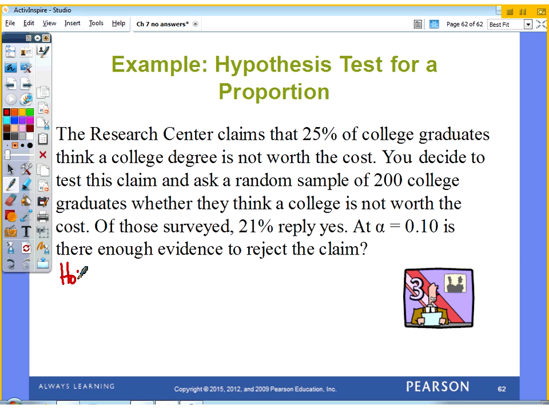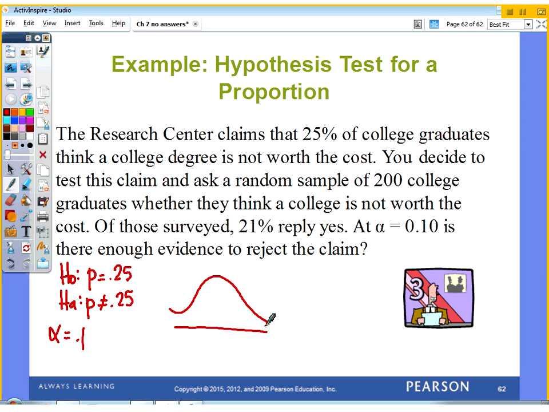So, writing our hypothesis. They claim that 25% of the college graduates think it's not worth it. So, your proportion is equal to 0.25 and not equal to 0.25. They told us alpha is equal to 0.1.